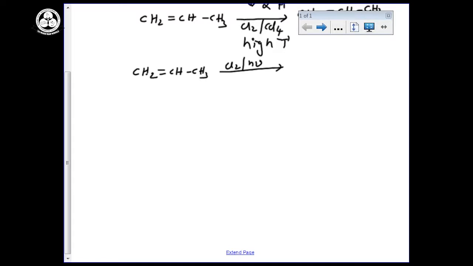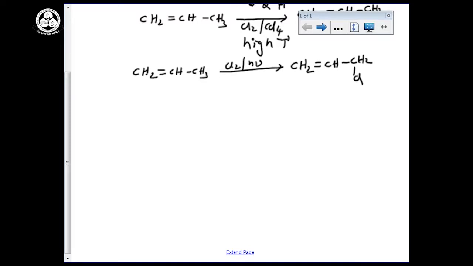Halogenation in the presence of sunlight is a free radical substitution reaction.